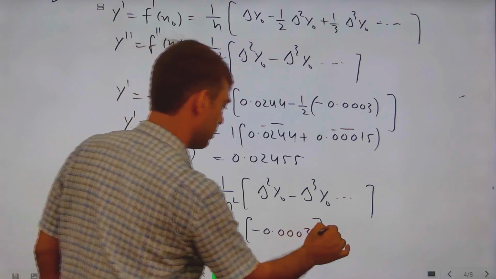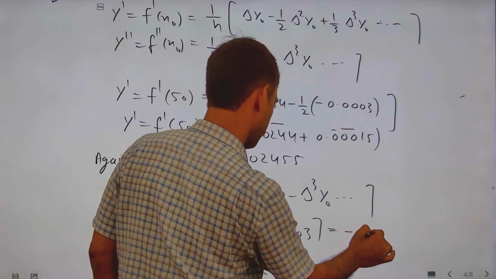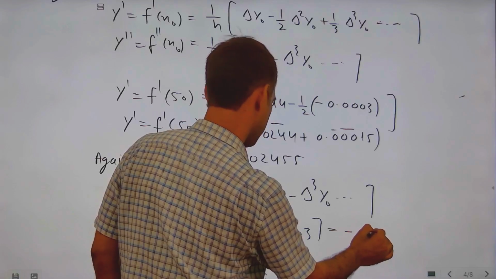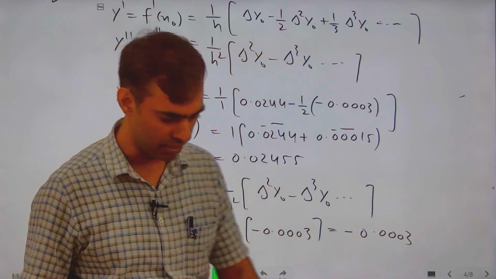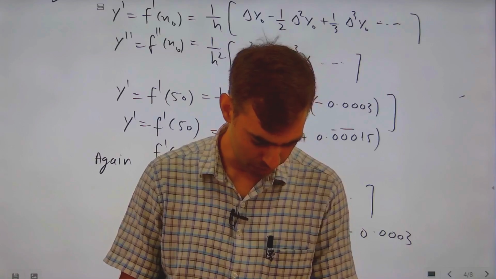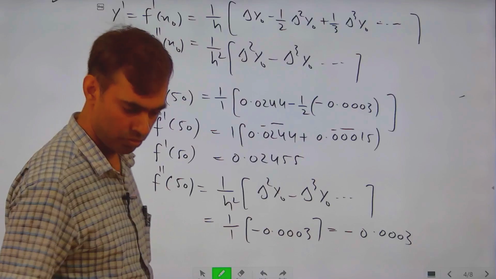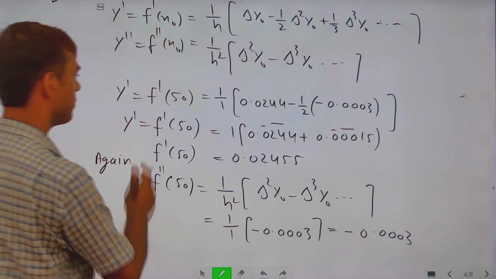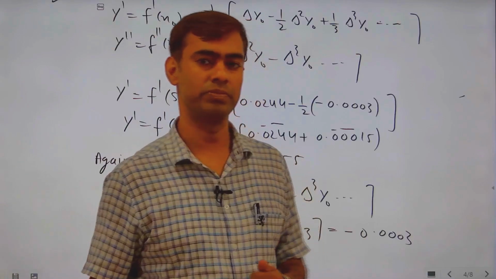This is the value of the second order derivative at x equal 50. Once we verify the result, I think this is correct. This is the derivative at x equal x0.